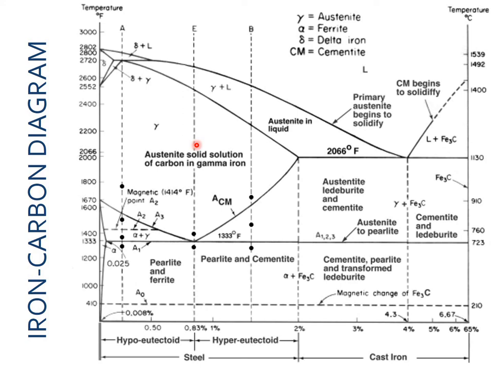So you can see the allotropy: while we heat the iron with a particular amount of carbon in it to a certain temperature, it shows different structures, and that is the allotropy of iron observed in this diagram. Also for your information, alpha ferrite is magnetic in nature and delta ferrite too, but the gamma austenite is not magnetic in nature.